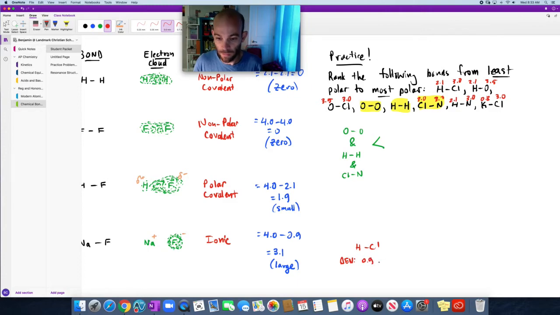That's its measure of polarity. What else? The HO bond, 3.5 minus 2.1, that's 1.4. The OCl, 3.5 minus 3 is 0.5. And the HN and the KCl.